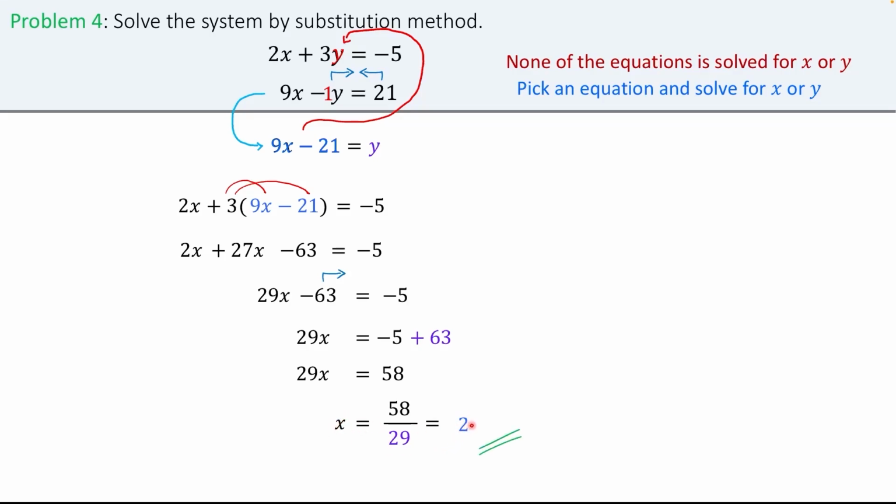Next we need to find the y value. This equation is solved for y, so substitute 2 for the x and you will get the y value.